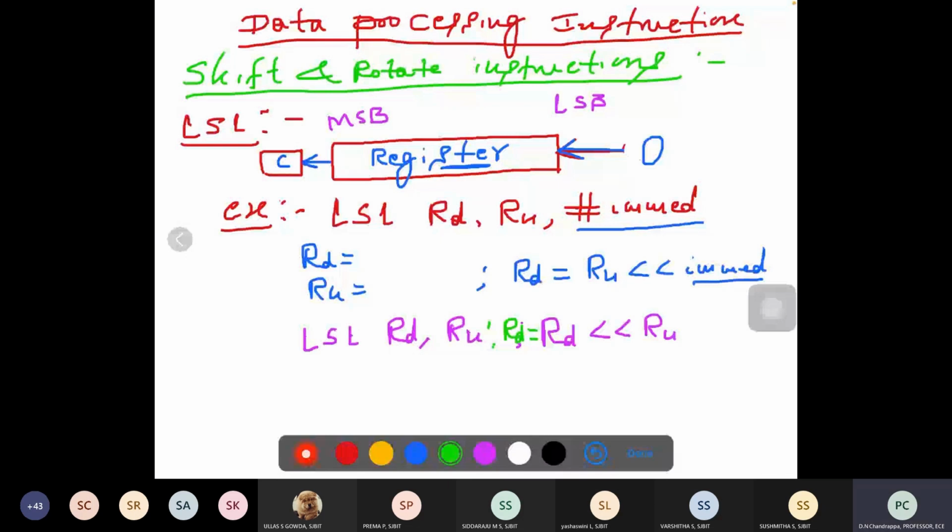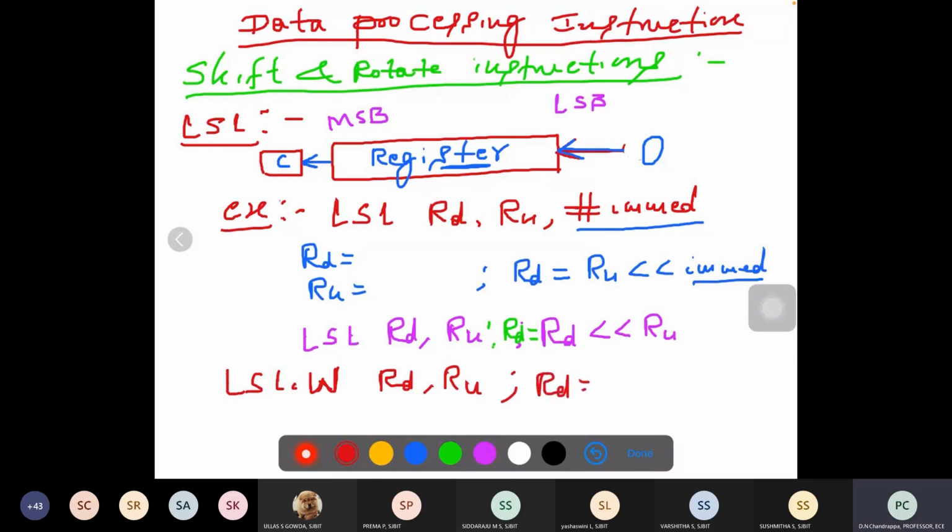Not only this instruction, almost all the instructions we do like this only. This is called LSL register, or logical shift left. But what I explained is only for the 16-bit ARM mode of instruction. The same instruction I will run in Thumb mode. Thumb mode is nothing but 32-bit operation.